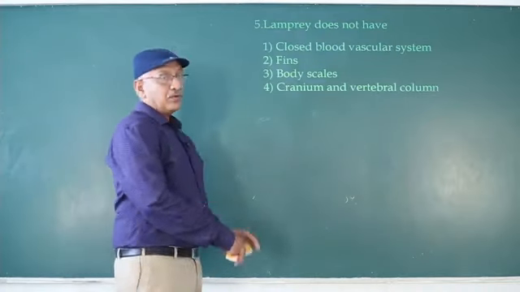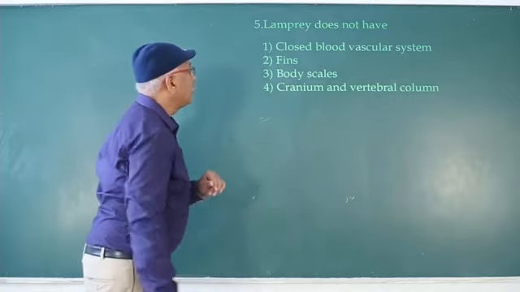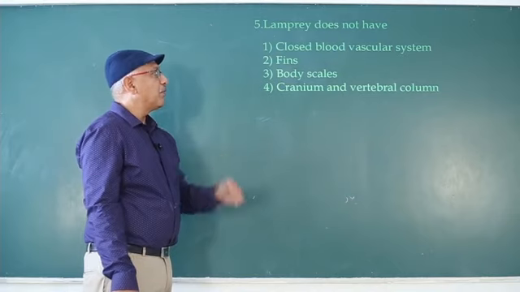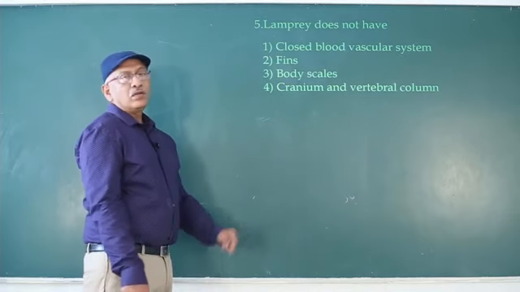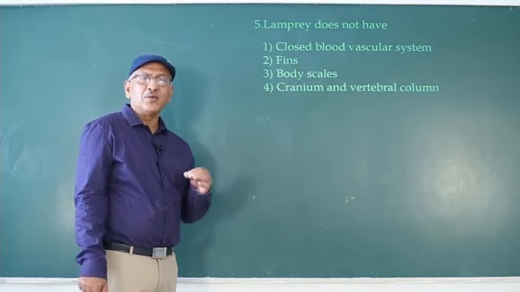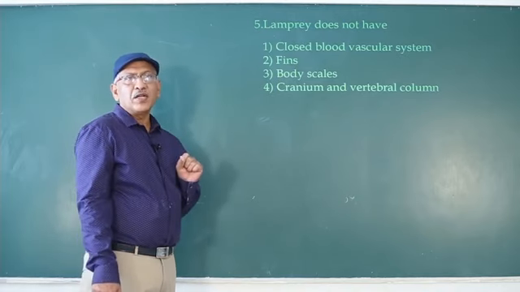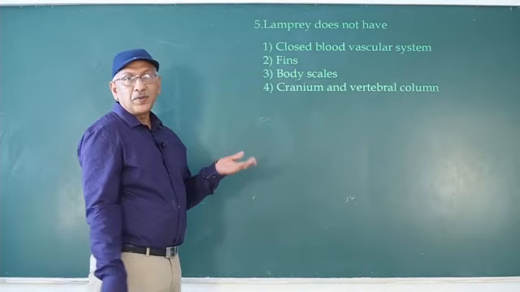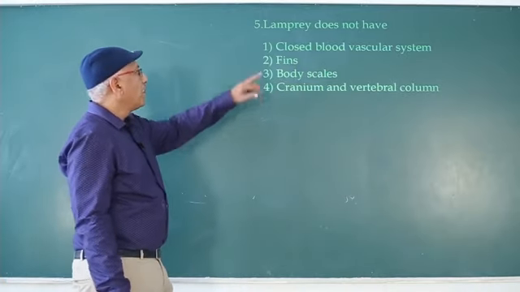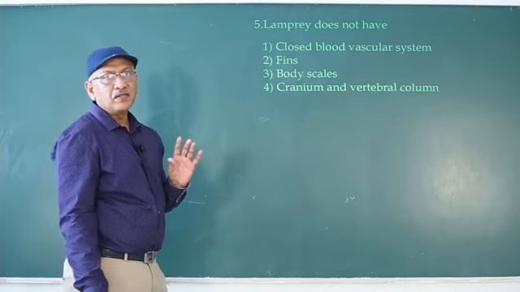Lamprey does not have which of these: closed blood vascular system, fins, body scales, cranium and vertebral column? Subphylum Vertebrata is classified into Agnatha and Gnathostomata. Lamprey is a cyclostome, that's why it possesses cranium, vertebral column and unpaired fins.